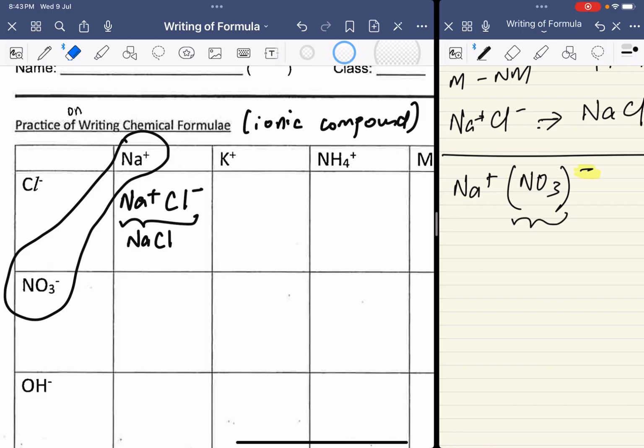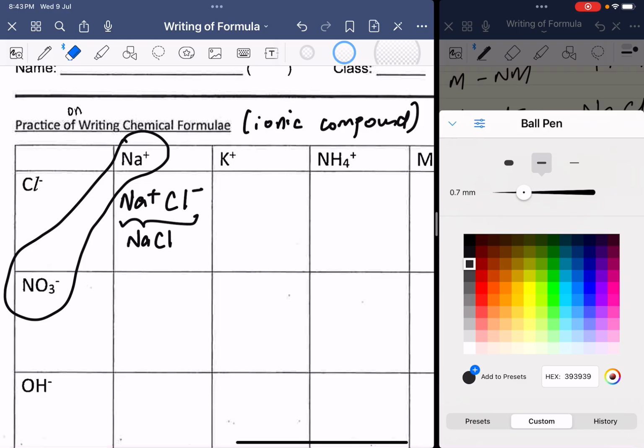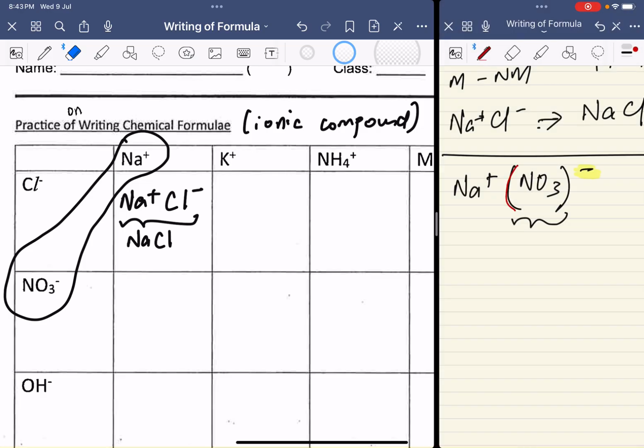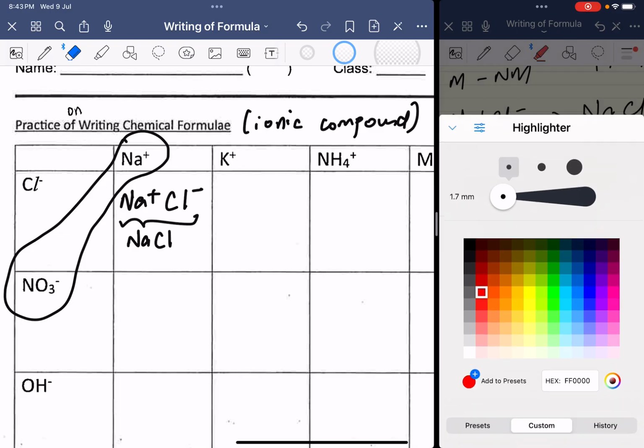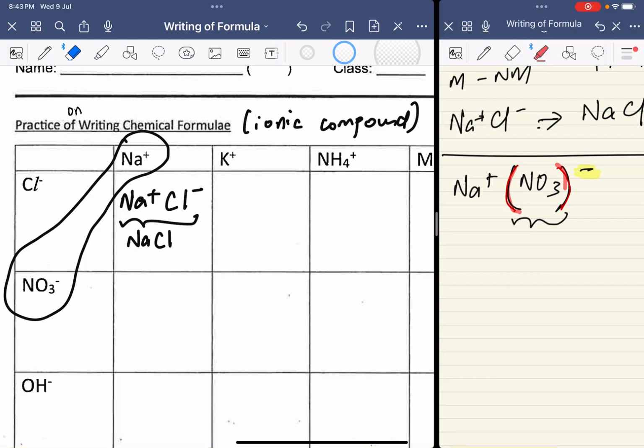So help yourself by putting them into a bracket. Always remember to put a bracket. Now this bracket will indicate the negative charge is meant for the nitrogen and 3 oxygen.